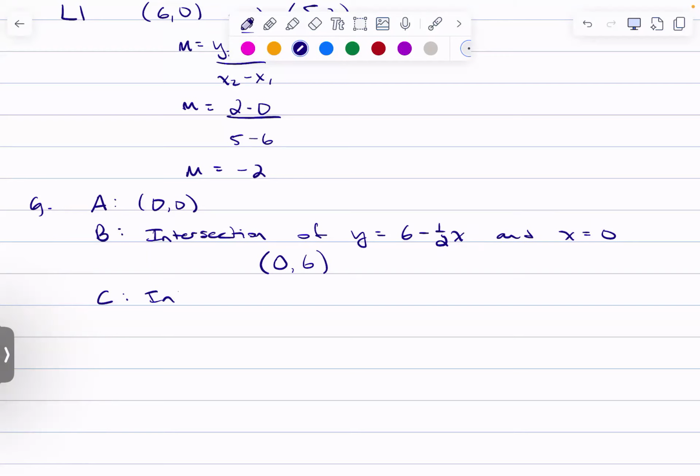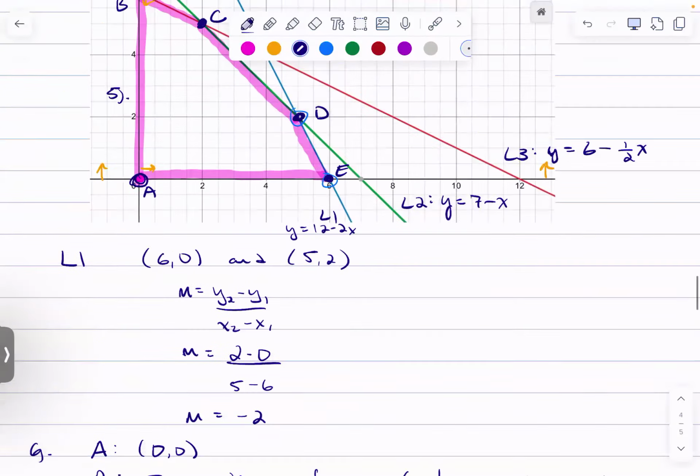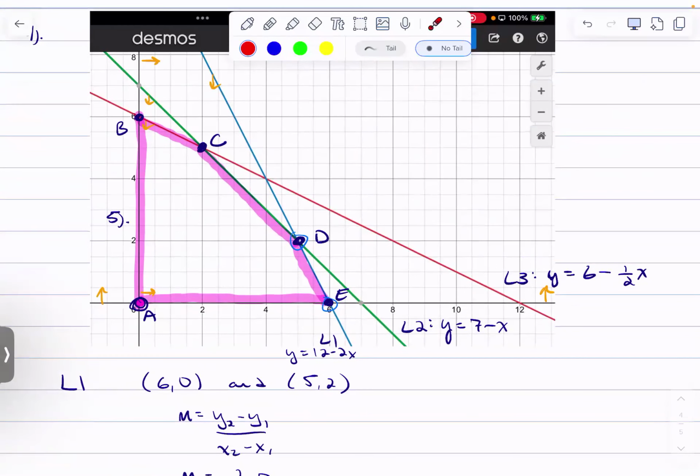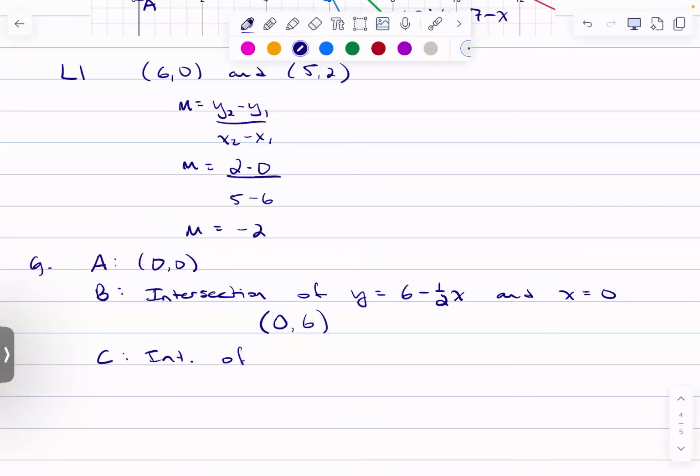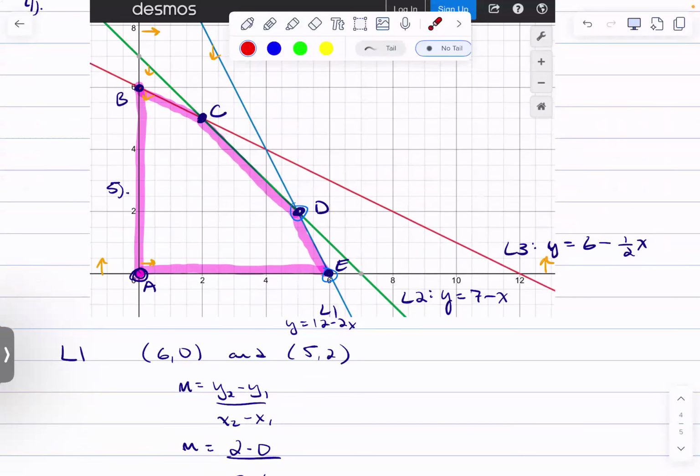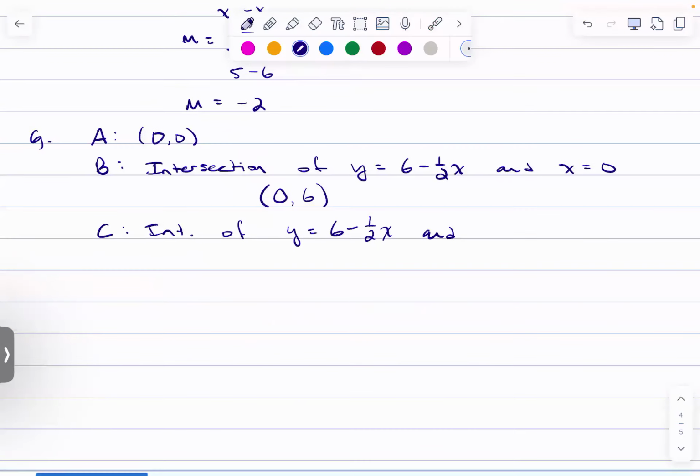For C, let's be real careful here, C is the intersection of the red line and the green line. So C is the intersection of y equals 6 minus 1/2 times x and the green line, which is y equals 7 minus x. It is useful that I've rearranged them all in terms of y equals, right? You don't have to, but you will eventually.